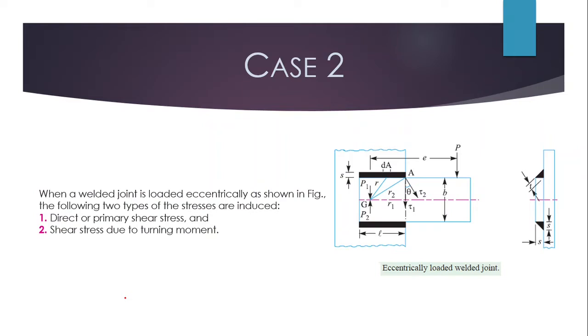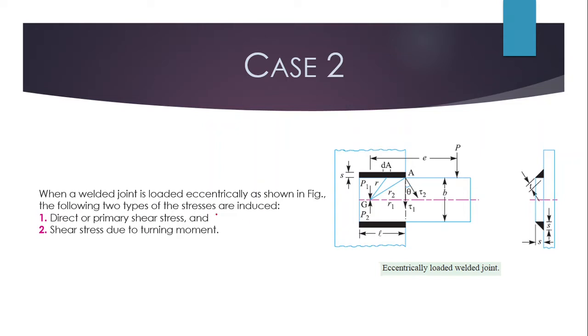Then in case 2, when a welded joint is loaded eccentrically as shown in the figure, here that welded joint is like this, and this particular force is perpendicular to the length of the weld. Here the following two types of stresses are induced.